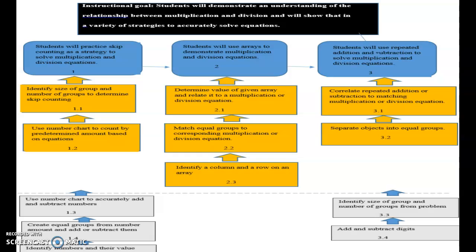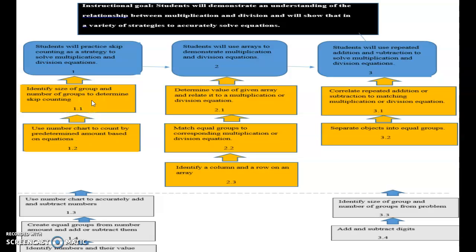Now in order to do that, the 3 objectives that they are going to be meeting is firstly, students will practice skip counting as a strategy to solve multiplication and division equations. And in order to do those skills, they will need to first be working with a number chart, using that to count predetermined amounts based off of the equations given.